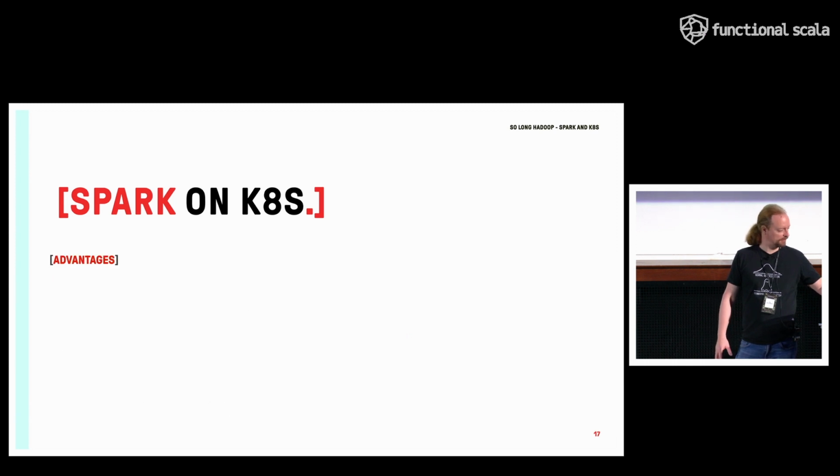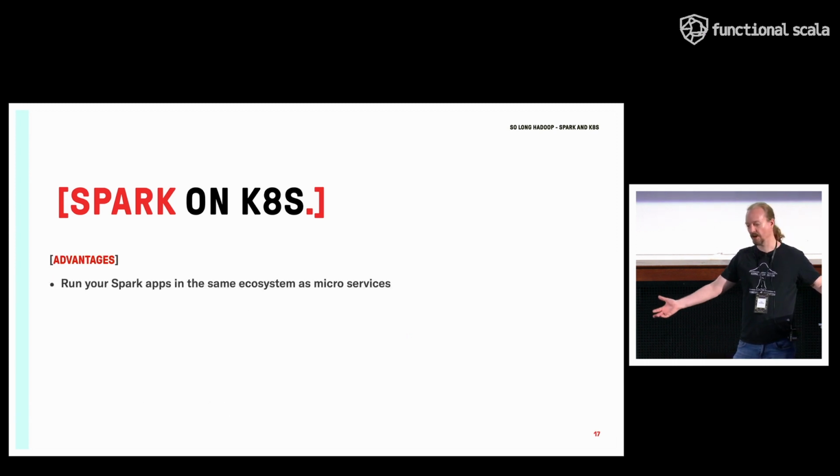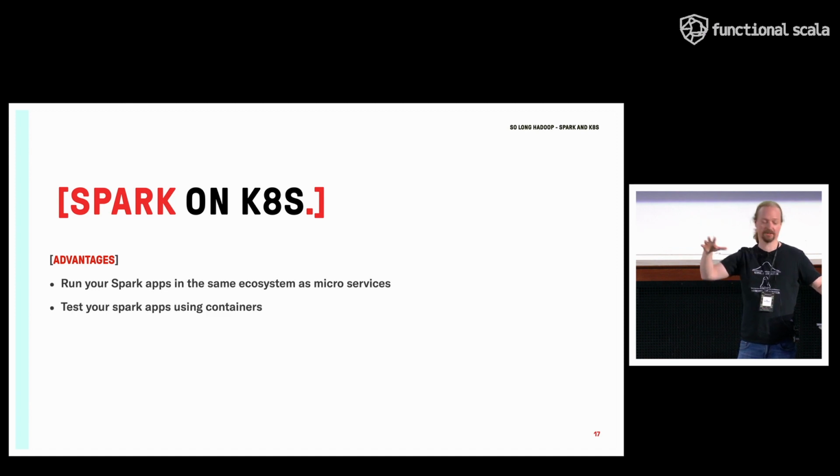So generally, running Spark on Kubernetes just gives you that same ecosystem as your other microservices. You can run that on the same cluster. So there's more interoperability and more integration. You don't have to basically say, OK, the Spark application runs on a Hadoop cluster, we have a completely different operational environment, and our microservices run on Kubernetes. You can integrate all of that.